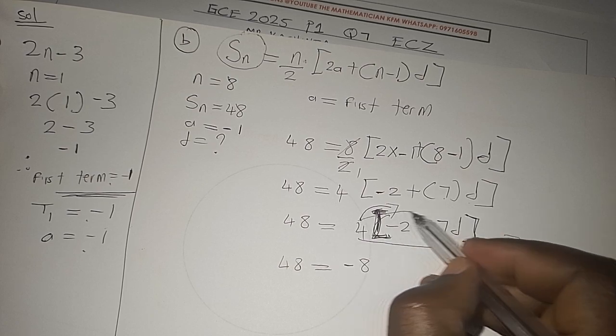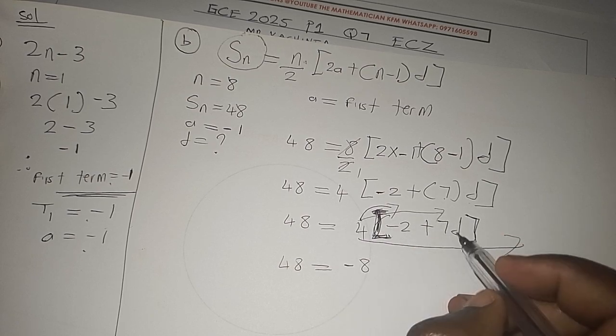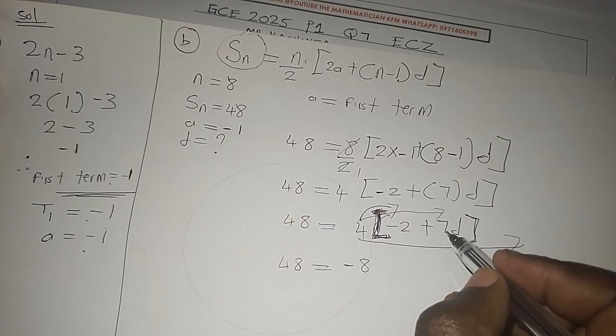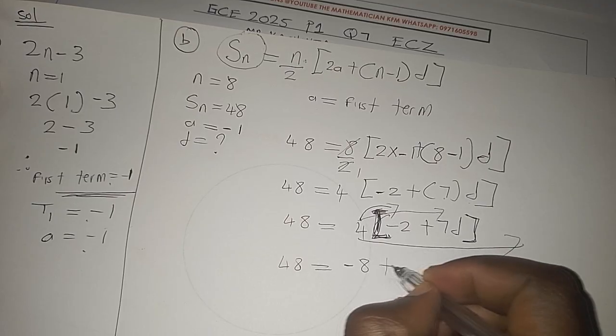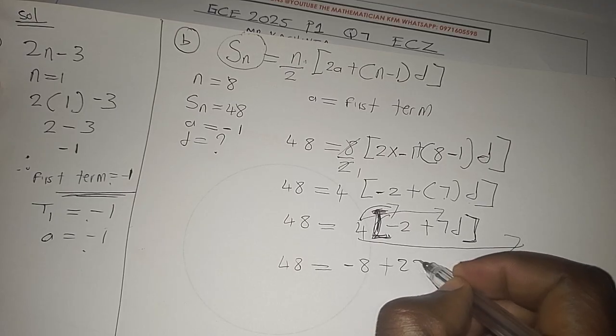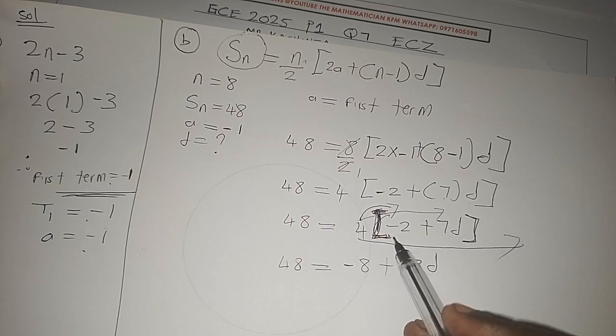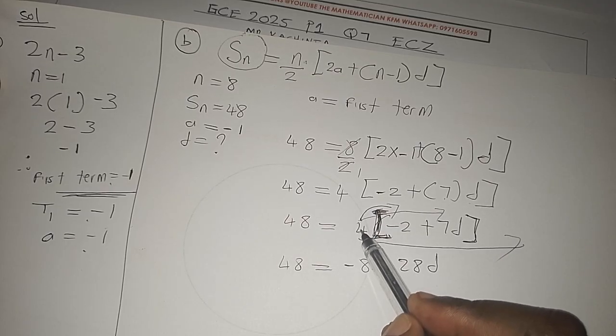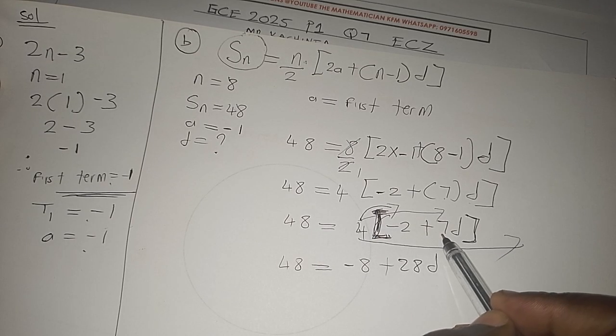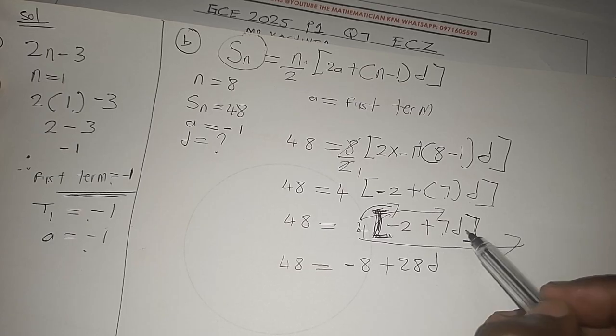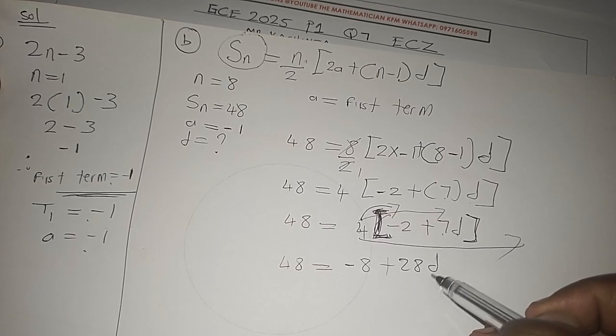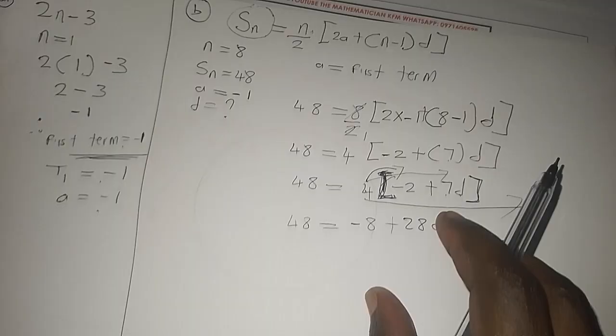Then the same 4 times positive 7d, that is positive 28d. For a simple explanation, 4 times 7 is 28, but it is attached with d. So that is 28d.